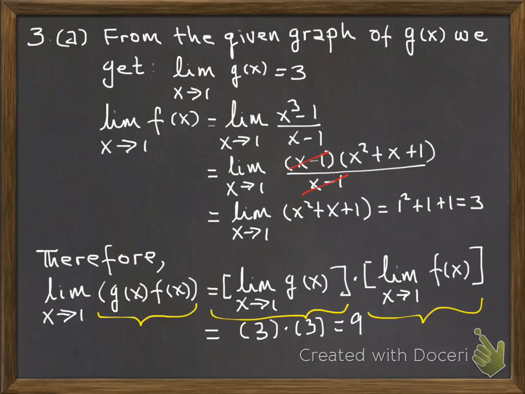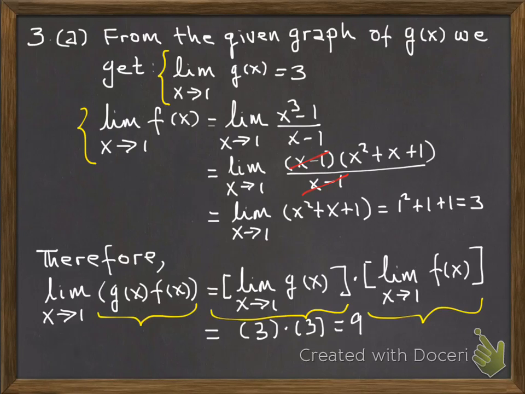So therefore, the idea is to be able to split the limit using a property of limits. The limit of the product is the product of the limits. But in order to split, we have to first make sure each limit exists. That is why we first have to do the limit of this, the limit of that. Once both limits exist, then we can split and substitute in place of each limit the value we got.